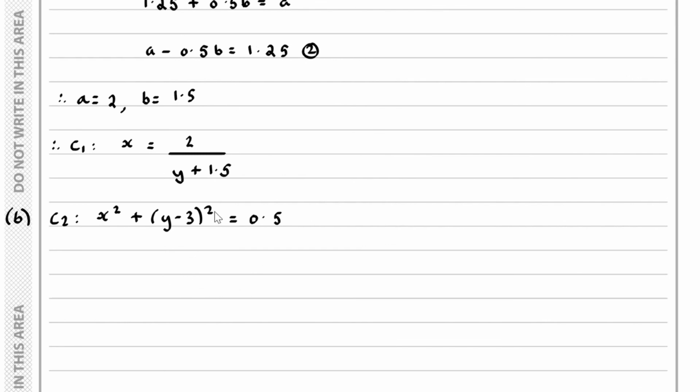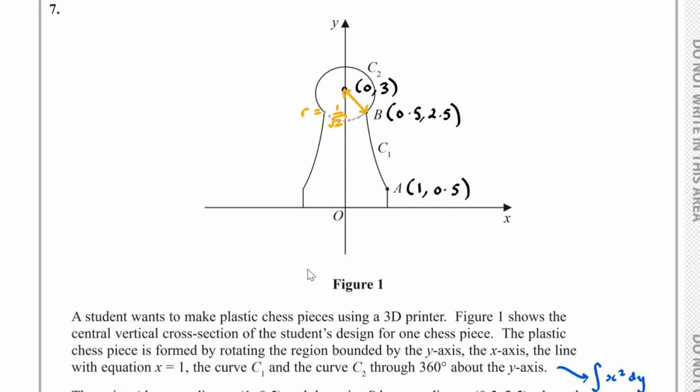So here, x squared is equal to 0.5 minus (y minus 3) all squared. If I call this equation 3 and this equation 4, what we can do is find out the volume of revolution when we rotate C1, the volume of revolution when we rotate C2, and the volume of revolution when we rotate this bit over here.